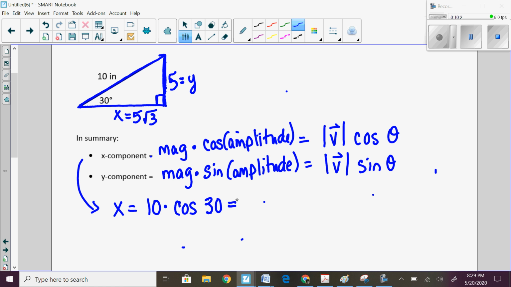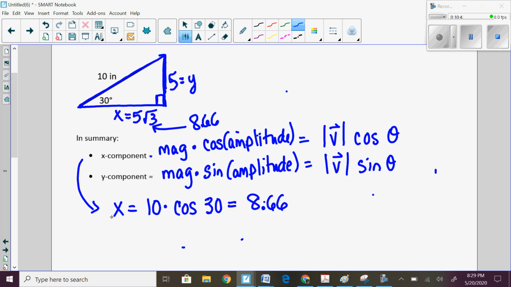Well, you can put that in your calculator, or you can just know your values. And if we put this in our calculator, we would get approximately 8.66. And just in case you didn't know, 5 root 3 is 8.66.